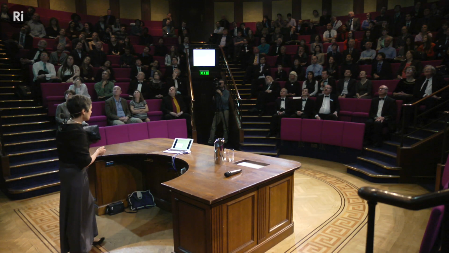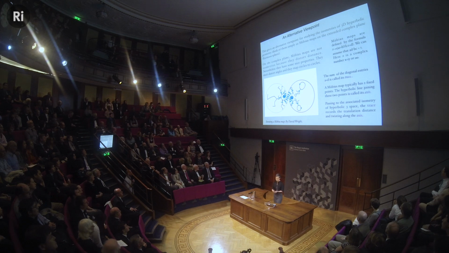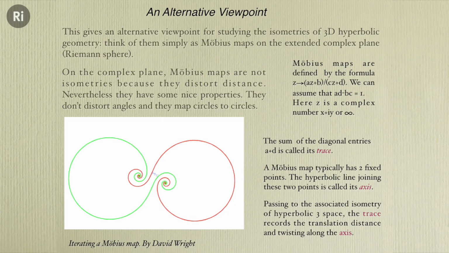Well, you can see that this person is going around in spirals, and he goes forward into a kind of sink, and he goes backwards into a sink. So there's a forward sink and a backward sink. And in 3D, what's this isometry doing? There is a hyperbolic geodesic, a line going from one end to the other end.